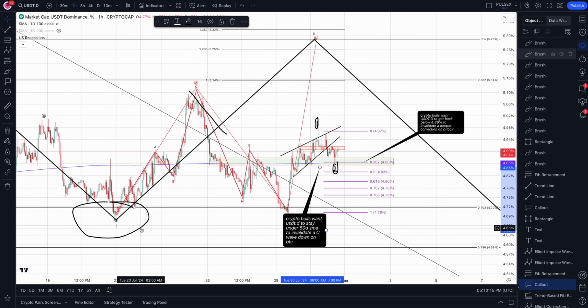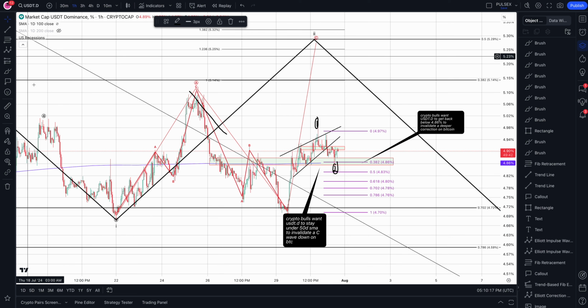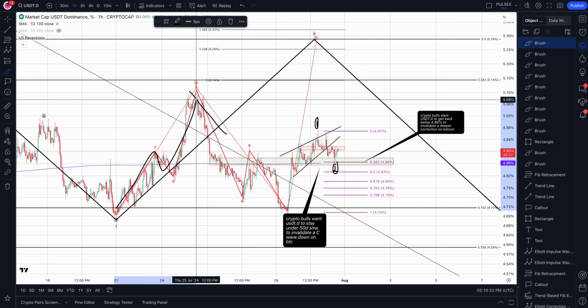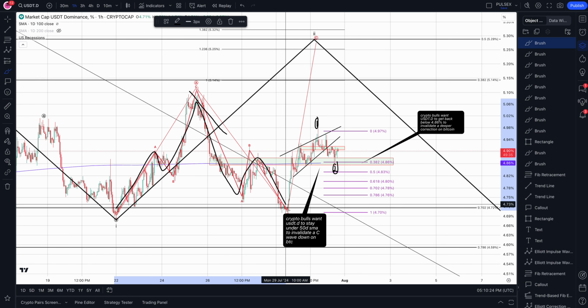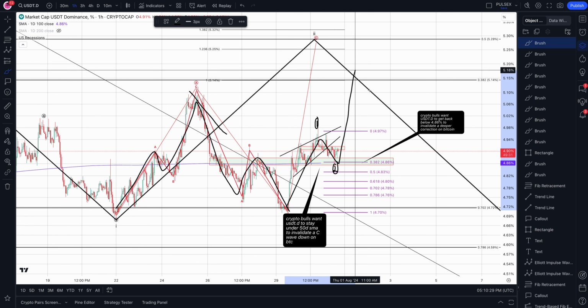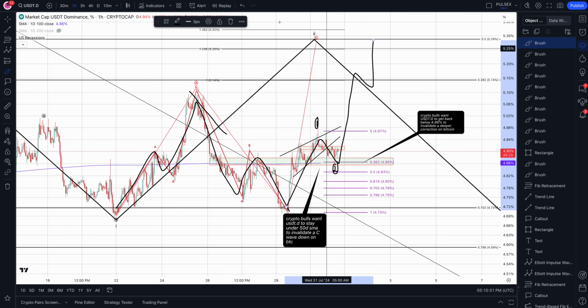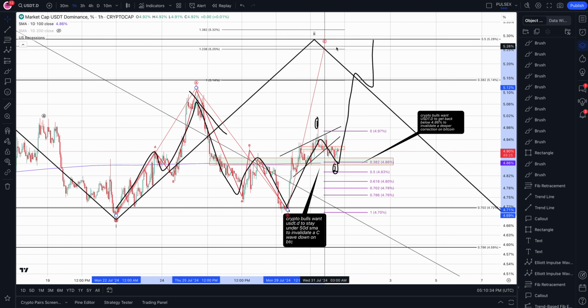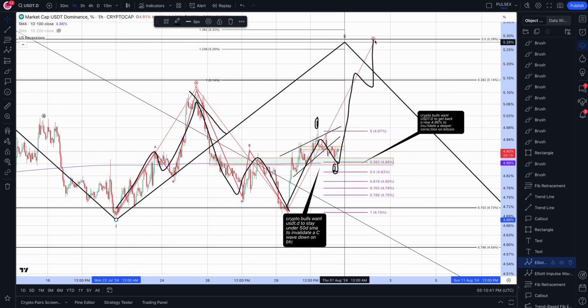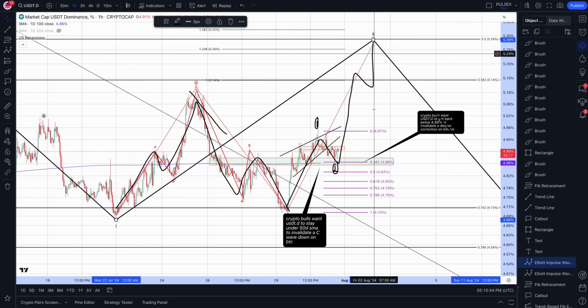On the hourly time frame, what we see is a 3-wave move up, then a 3-wave move down, and then for your C wave, it would be a wave 1, 2, 3, 4, 5 move. So that would be a 3-3-5 Elliott wave flat pattern, with the C wave likely taking us to the 50% fib or the 1.236 using our trend-based fib.